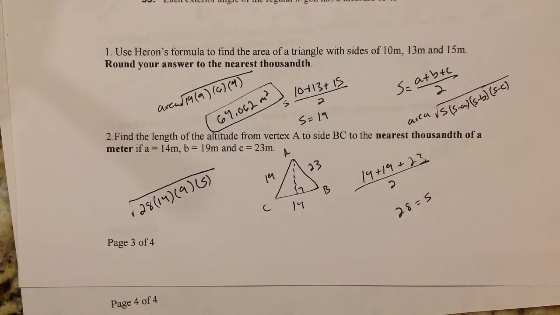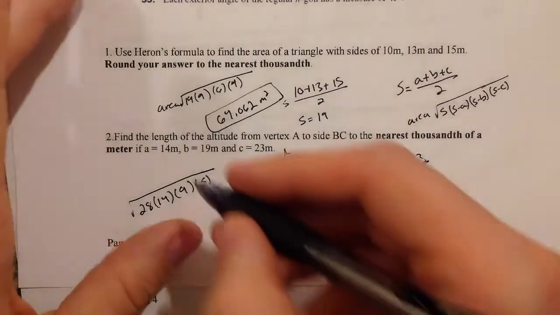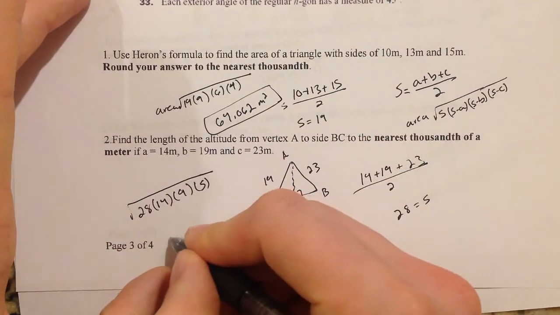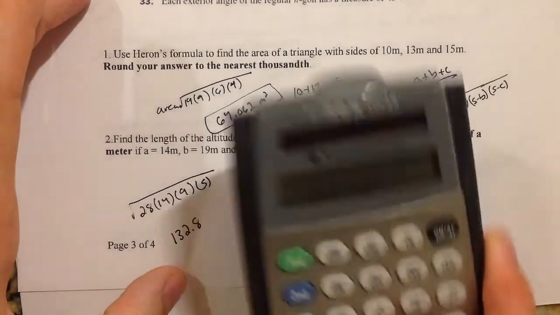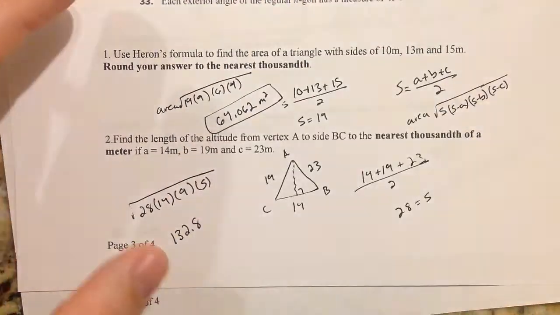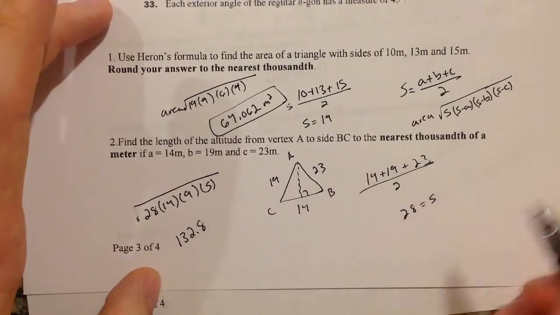So I've got 28 times 14 times 9 times 5, and get the square root of that number, and my area is 132.8. Now I'm going to leave that in my calculator, but on my work I'm just going to write it like this.